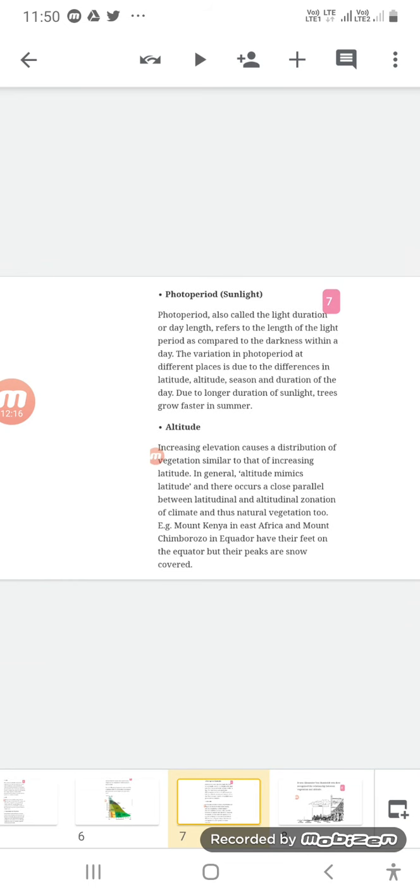Now the third factor is photoperiod. What is photoperiod? Photoperiod is the duration of sunlight, or the length of sunlight, the day length, you can also say. The variation in photoperiod at different places is due to the difference in latitude, altitude, season and duration of the day.